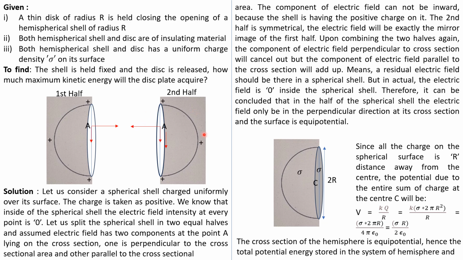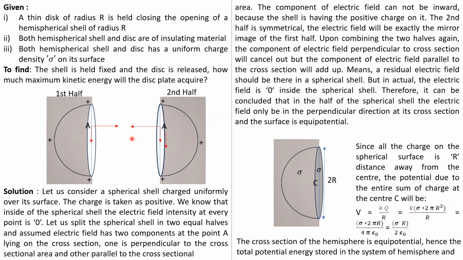The second half, which is identical to the first half, will also have a point corresponding to it, and the electric field on this second half will be the mirror image of what is there on the first half.